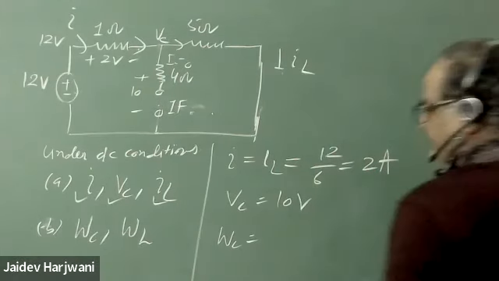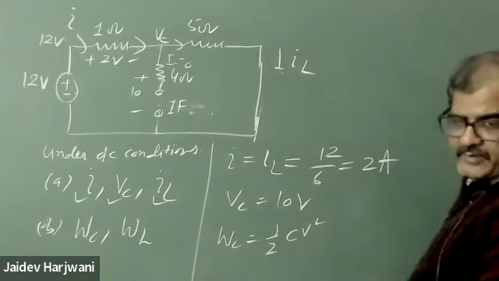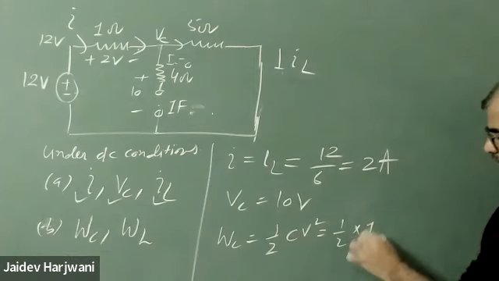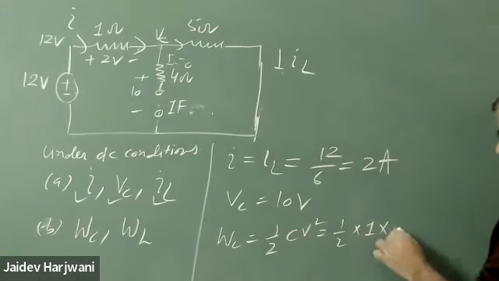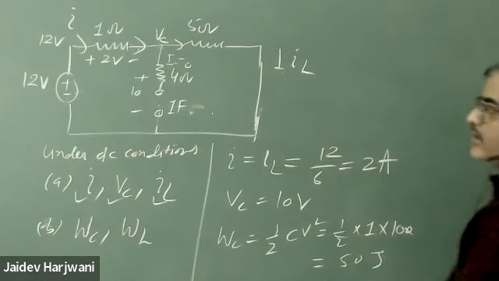So you can calculate WC. WC is equal to half CV square. C is 1 farad, and V is 10, so V square is 100. Half of 100 becomes 50 joule.